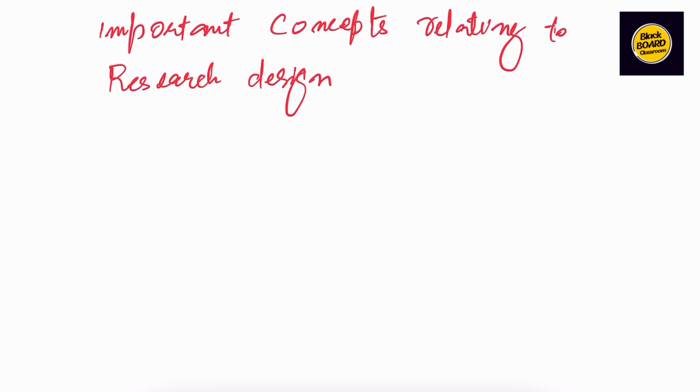In research design, several important concepts play an important role. For example, one of the important concepts in research design is the research hypothesis. A research hypothesis is a clear statement of what the researcher expects to find or prove through the research.